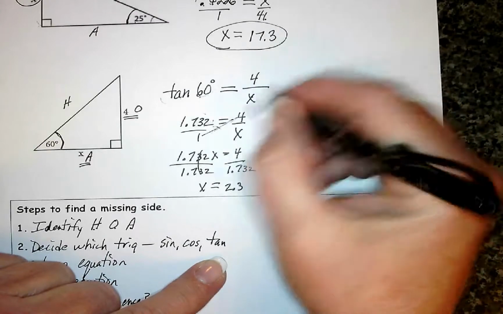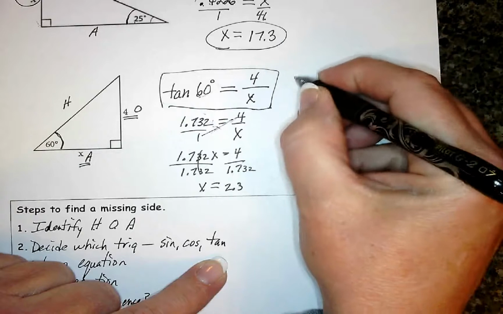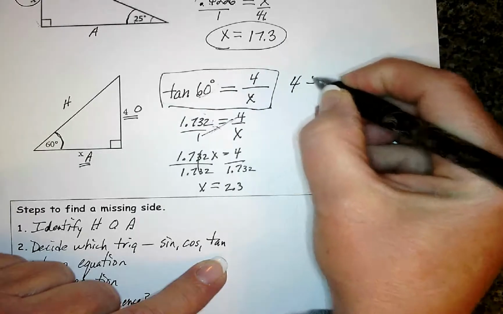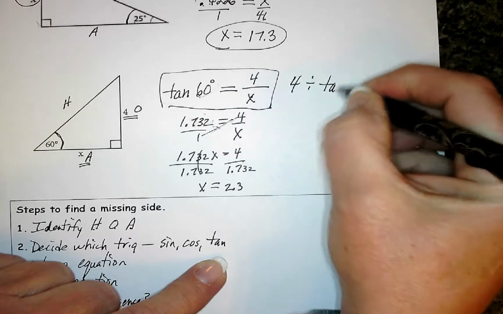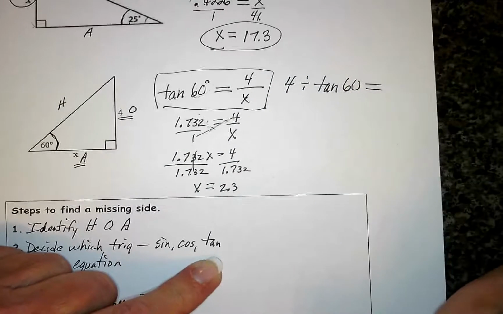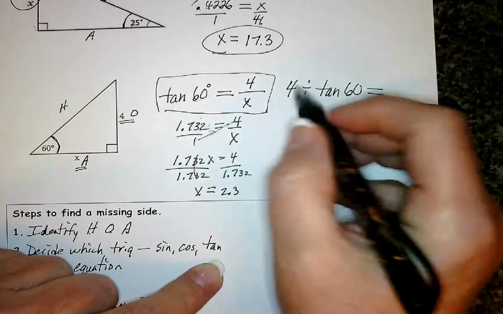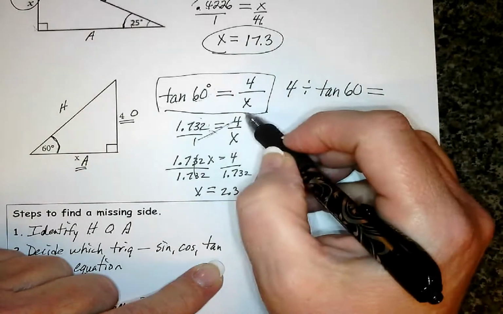To solve this, all I have to do is punch in 4, then divide, tan 60 equals. If I punch it in that order, then I will get 2.3.